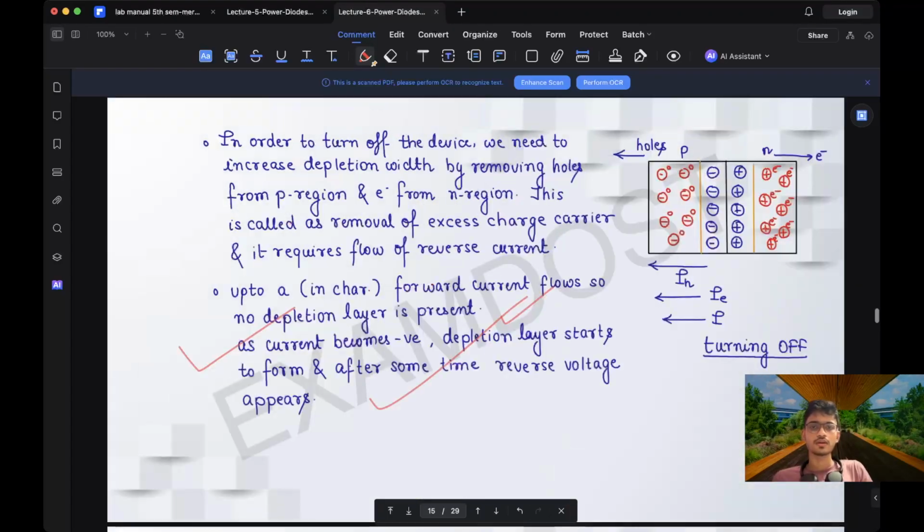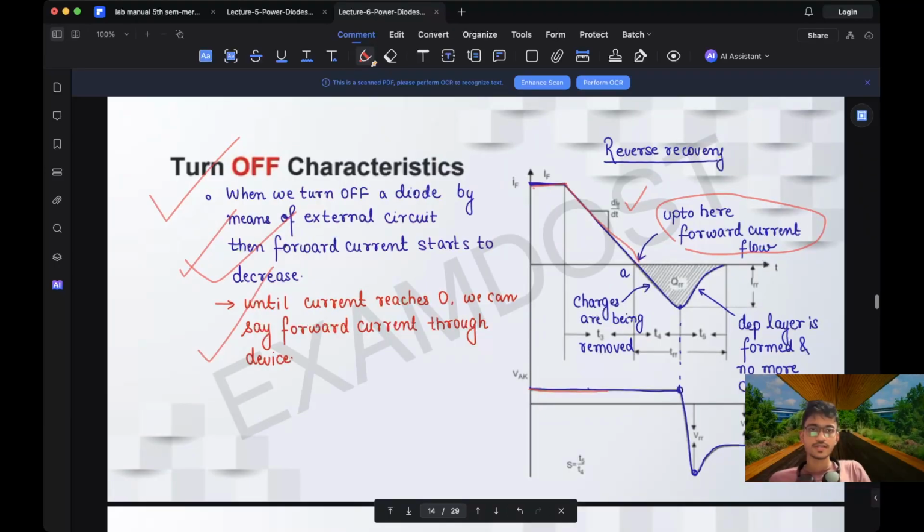So what is happening here? We are reducing the current in the reverse. Obviously, we are changing the polarity, and up to this zero, there is no formation of depletion layer, so only forward current is flowing. After that, there would be flow of negative, that means reverse current, and depletion layer would be formed, and charges are being removed.